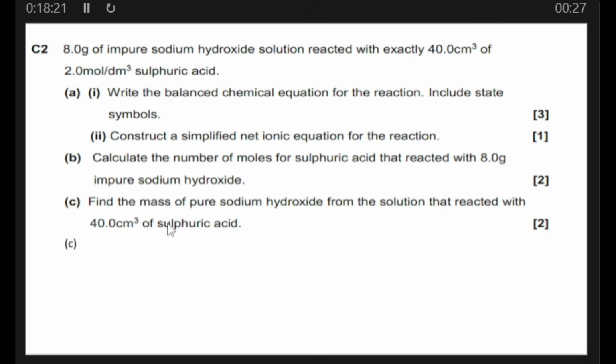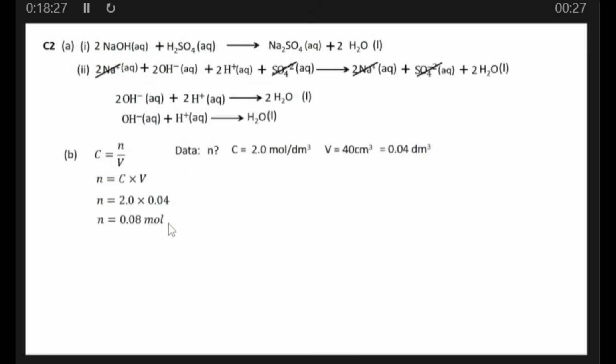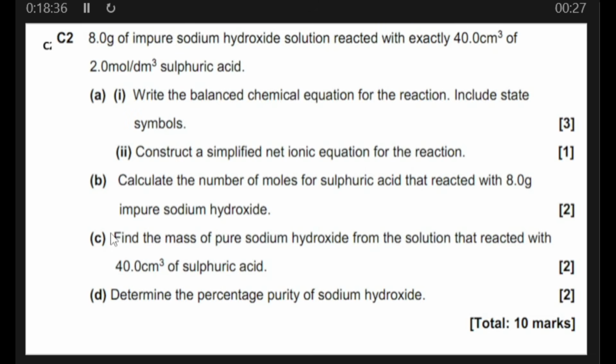What we are going to do here, guys, is that we know this is the number of moles of sulfuric acid. So for us to be able to answer this question, find the mass of pure sodium hydroxide from the solution that reacted with 40.0 cubic centimeters of sulfuric acid.